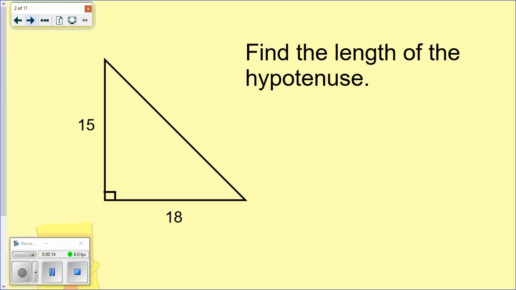Before we get into it, we're going to take a quick review of the Pythagorean theorem. So solve for the hypotenuse.